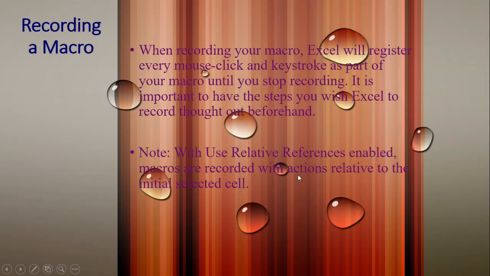Macros are recorded with actions relative to the initially selected cell. Whatever cell is selected when you click on Use Relative References and then start the recording, with that cell, whatever you are doing, clicking or using as a shortcut, all of this is recorded. If you do not enable Use Relative References, it won't be able to do this. Let's see how to record the macros.